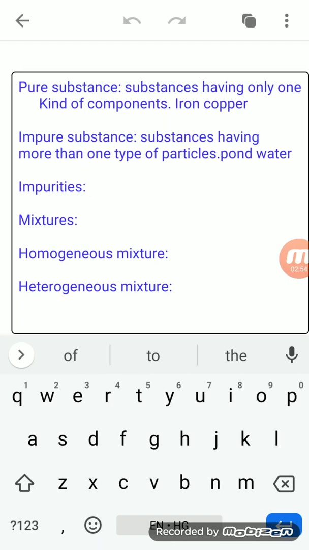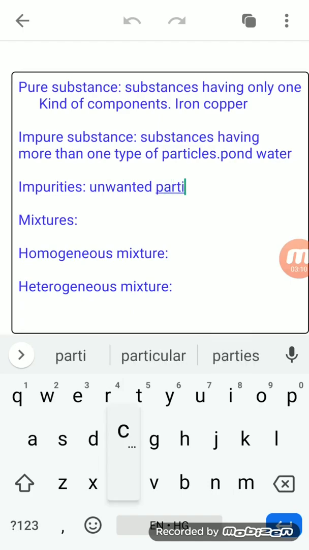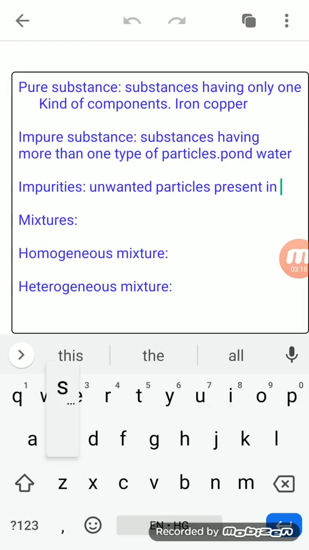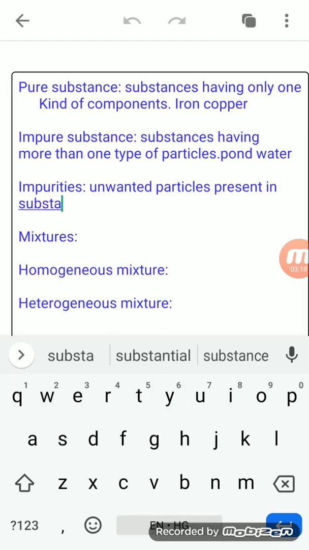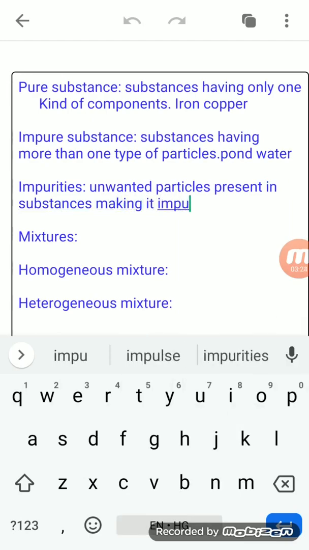These impurities are the unwanted particles present in a substance, which get mixed up with the pure substance and make it impure.